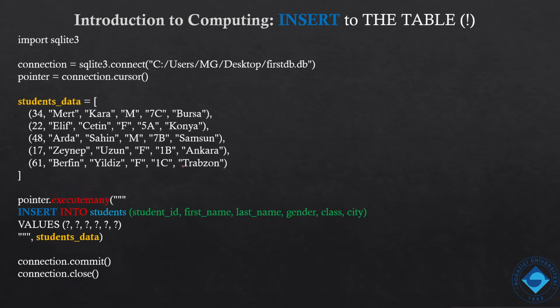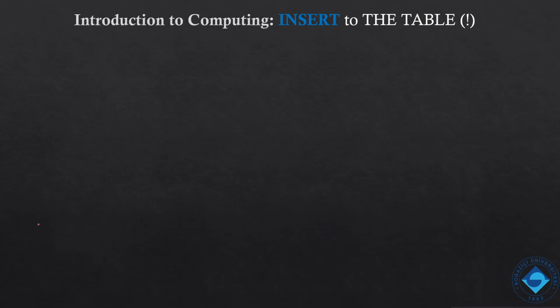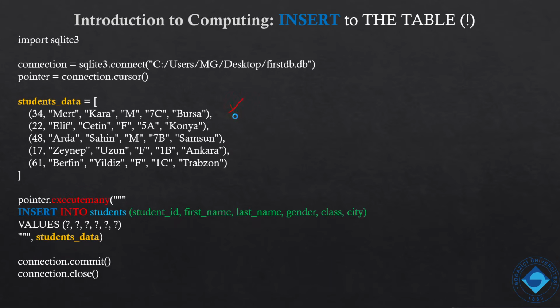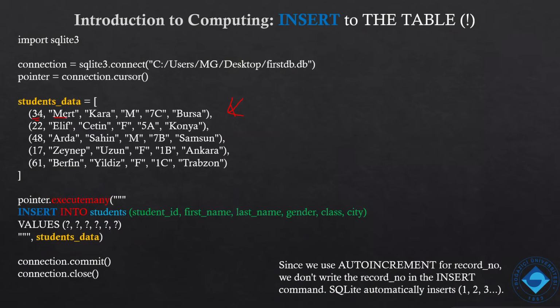Then we will fill these fields, which we created here, by writing some information. Can you see? Student ID, check one page before: student ID, first name, last name, gender, class and city, right? I will give 1, 2, 3, 4, 5 different records.